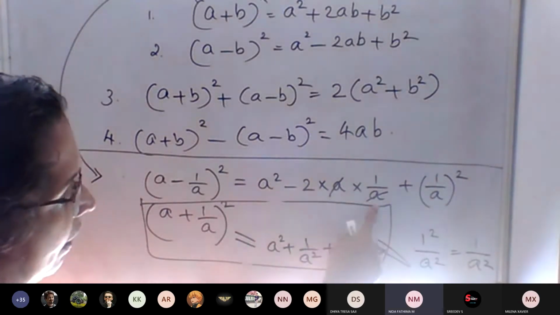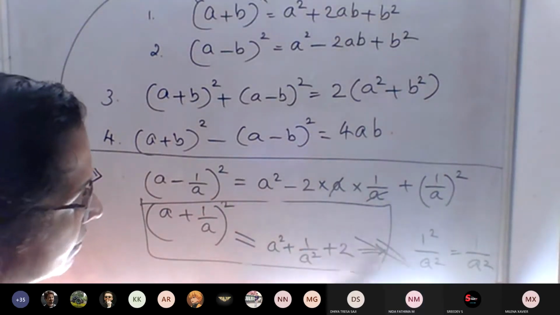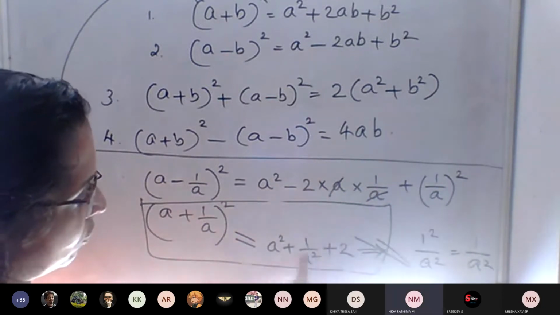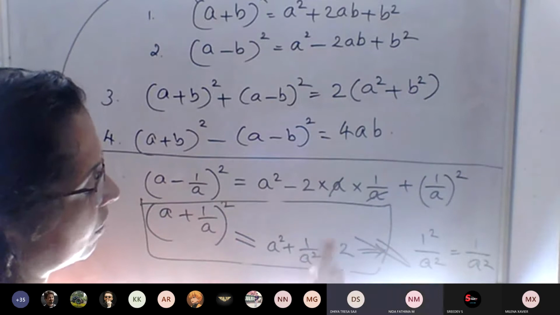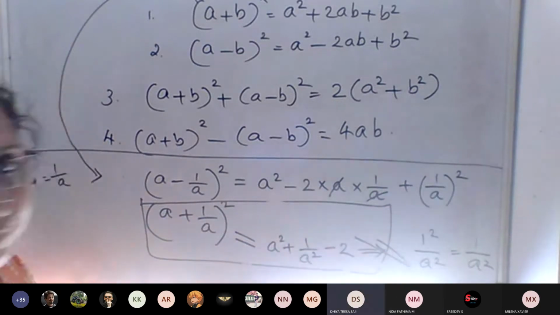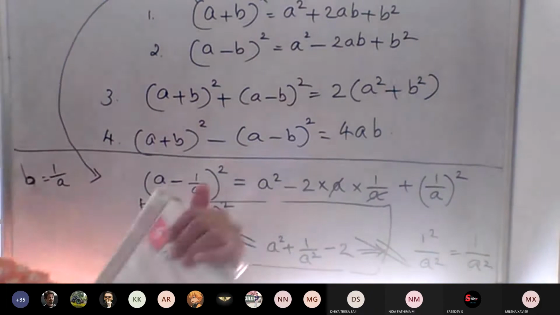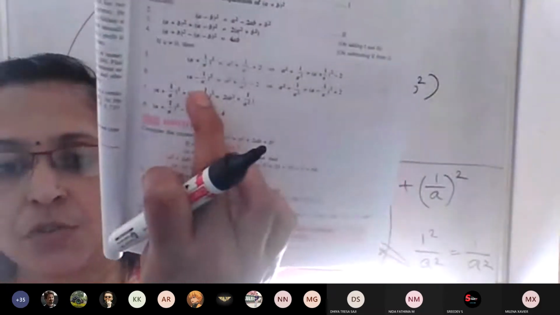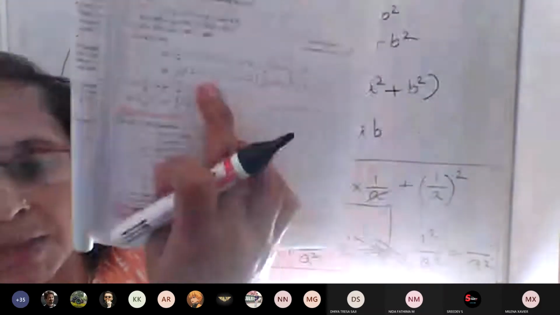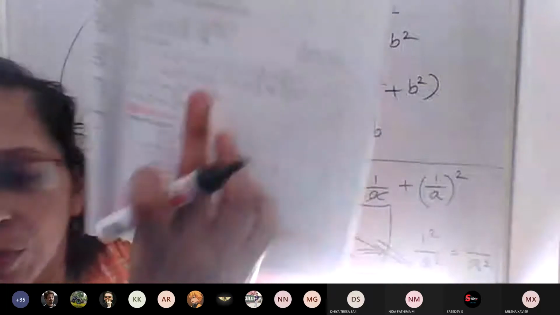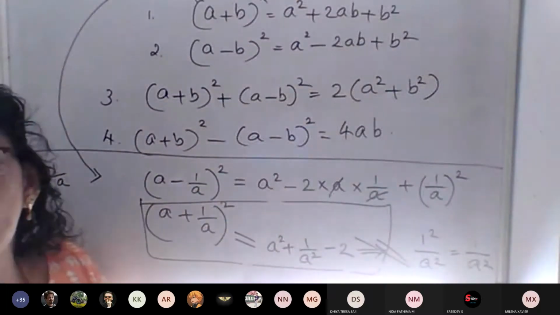Here also that A will cancel. So last it will become what? A square plus 1 by A square minus 2. So mark that A minus 1 by A whole square is equal to A square plus 1 by A square minus 2. That only.